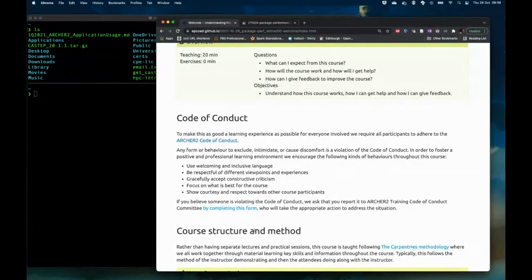And finally, how we're going to teach this course. This isn't going to be the typical sort of lectures and practicals course. You may have been on Carpentries courses before, Software Carpentry, Data Carpentry. We're going to try and follow the same sort of model as they use in their training, which is that we all work together through the training materials. Typically, we'll work through things, and there'll be practical stuff built into the session as we go through.